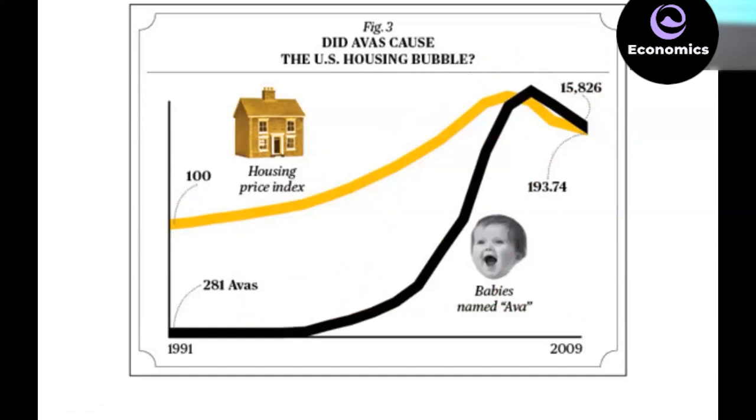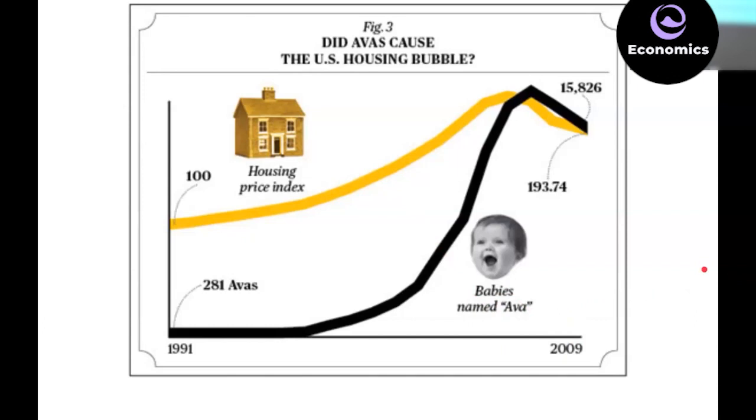At least I can't think of a credible theory that would say the relationship is causal one way or the other. It's kind of hard for me to imagine people name their baby Ava and then house price goes up, right? Or the other way. Okay.